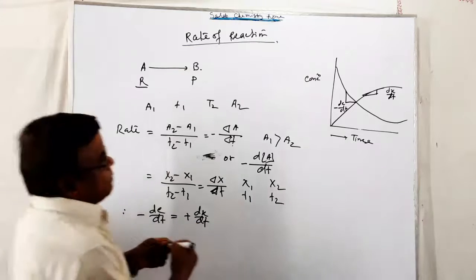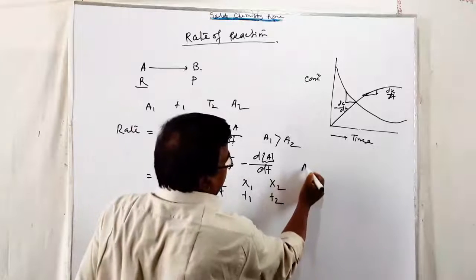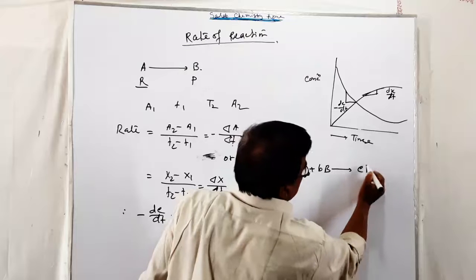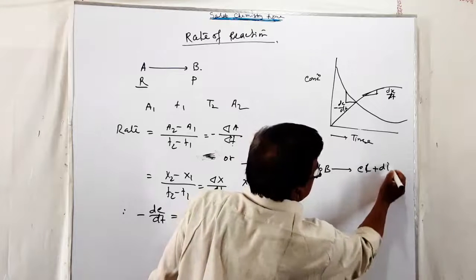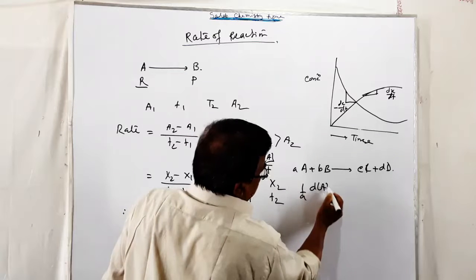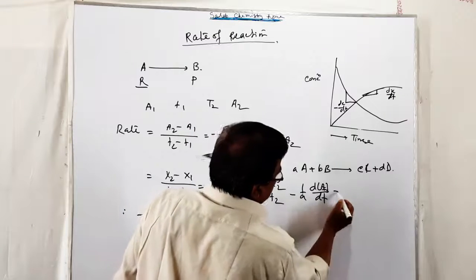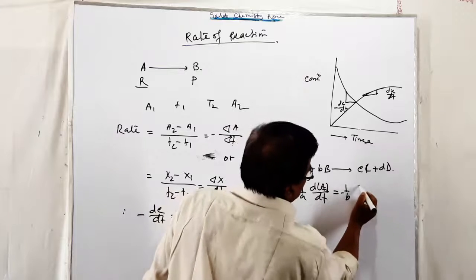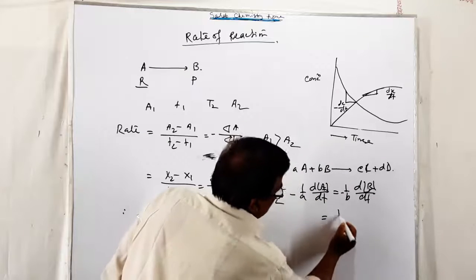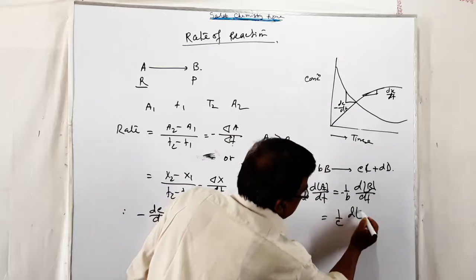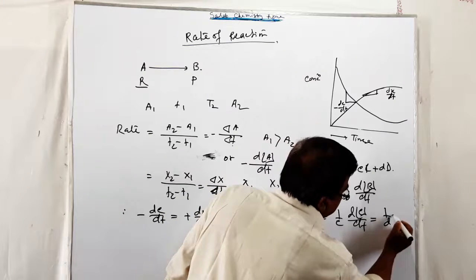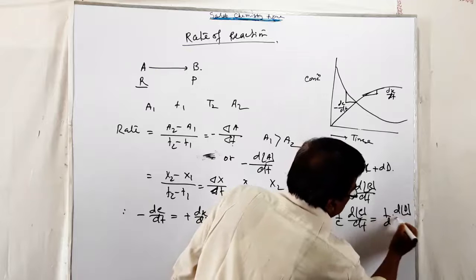If we consider a reaction A, B, C and D, then minus 1 by a, d[A] by dt is equal to minus 1 by b, d[B] by dt, is equal to 1 by c, d[C] by dt, is equal to 1 by d, d[D] by dt.